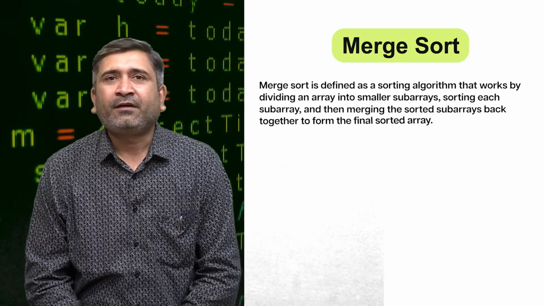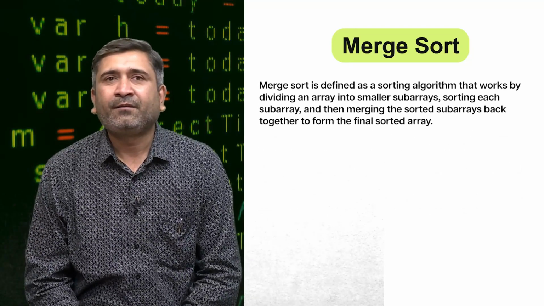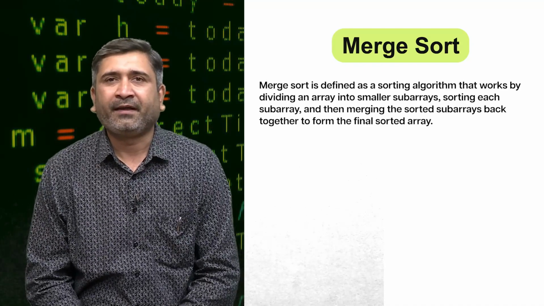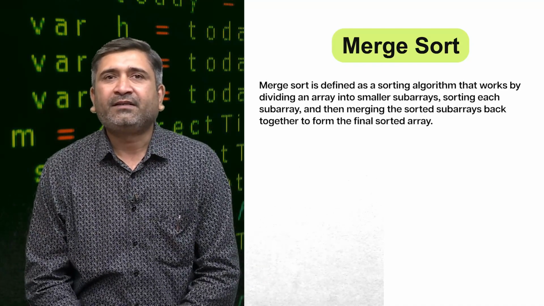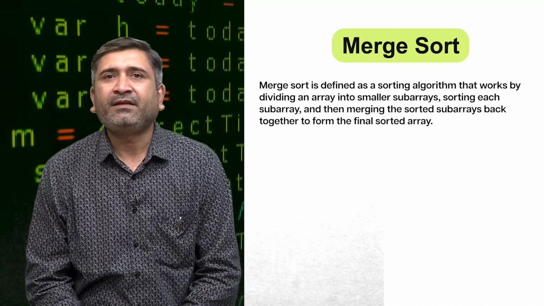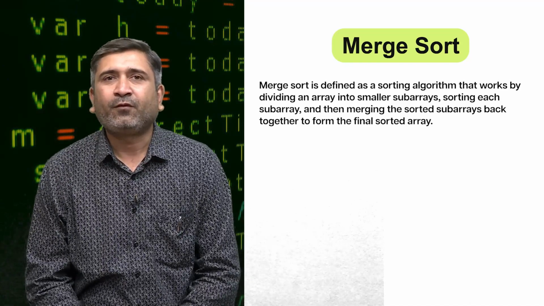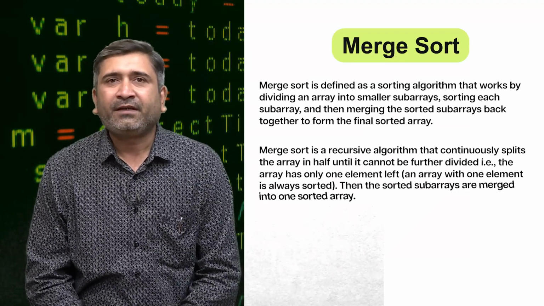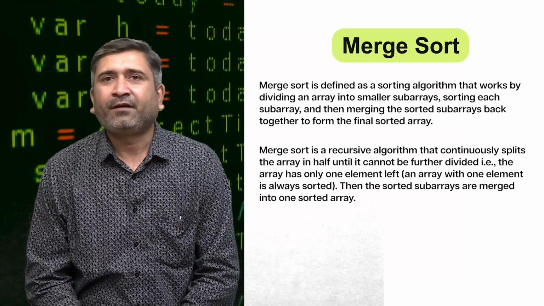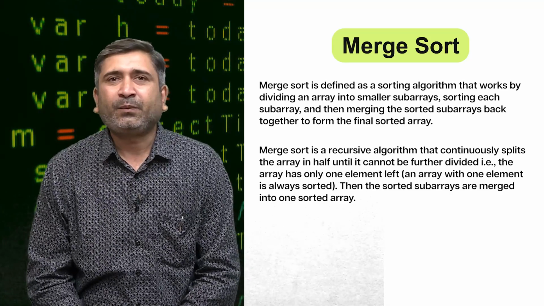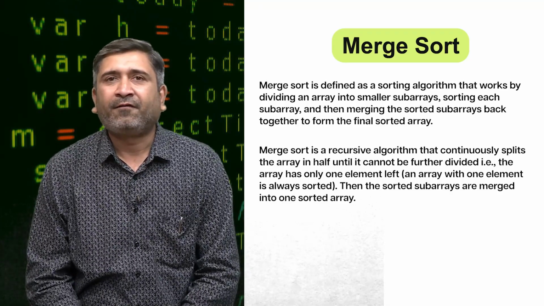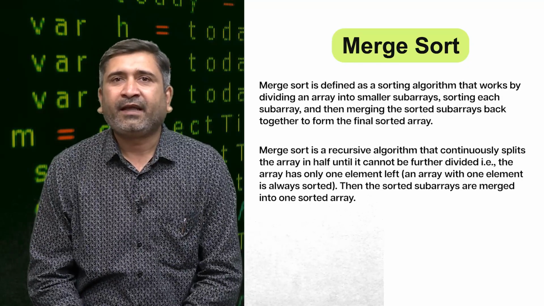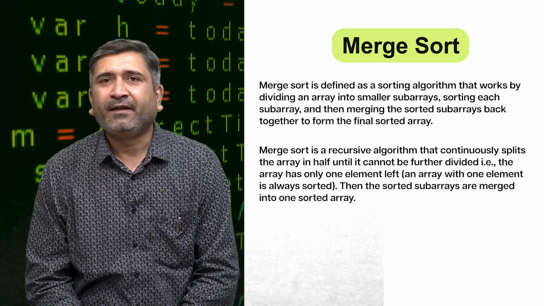Merge sort is defined as a sorting algorithm that works by dividing an array into smaller sub arrays, sorting each sub array, and then merging the sorted sub arrays back together to form a final sorted array. Merge sort is a recursive algorithm that continuously splits the array in half until it cannot be divided further, that is, the array has only one element left.